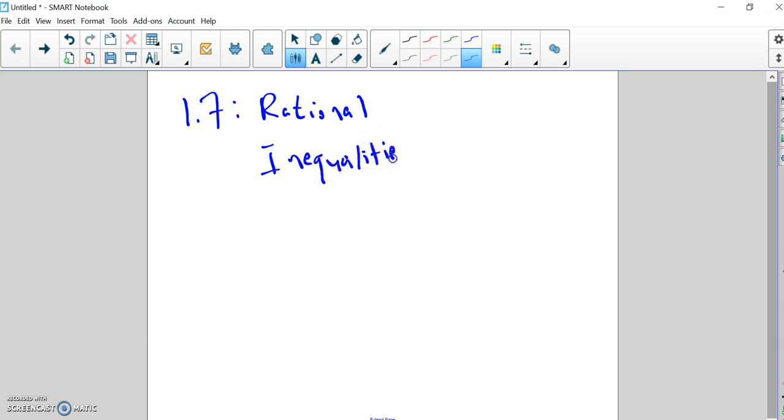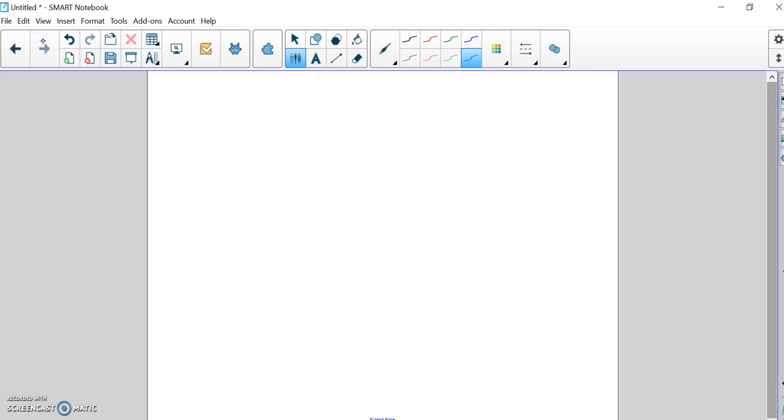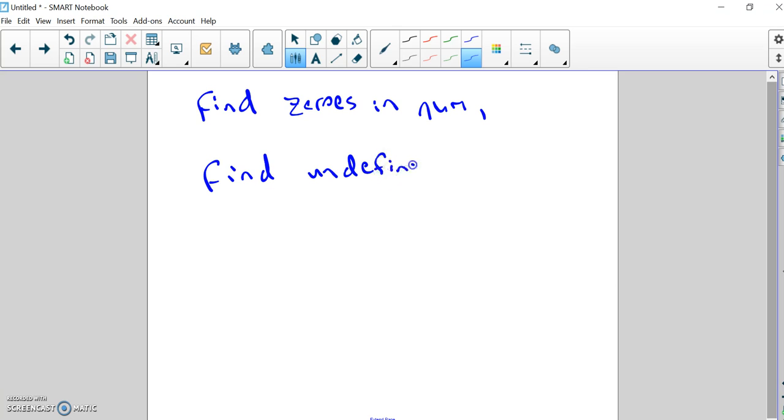And first things first with rational inequalities, every single time that you solve one of these, what you first need to do is you need to find the zeros in the numerator and find the undefined in the denominator.